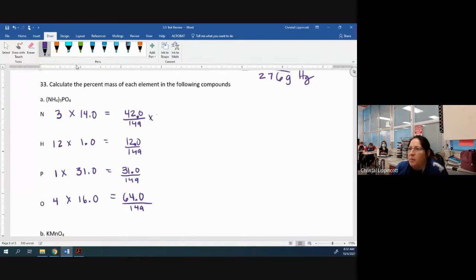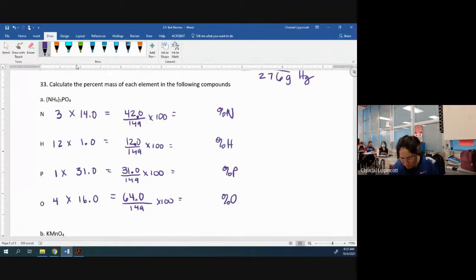And then I'm going to multiply by 100. I'm going to go to the tenth place for my answer, and my units are going to be percent and whatever element I am is my part. So this ends up being 28.2.